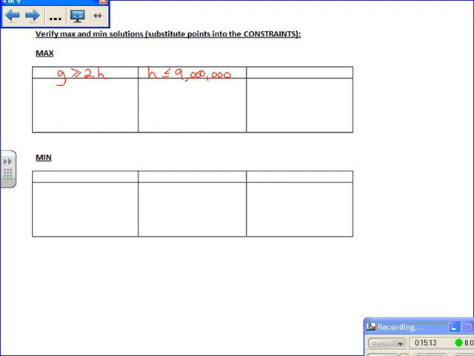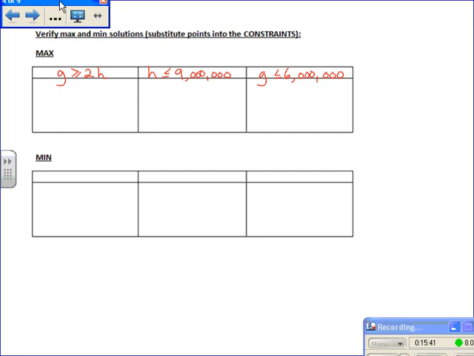And the last one was G must be less than or equal to 6 million, because we were told in the question that we couldn't make more than 6 million liters of gas. We couldn't make more than 9 million liters of heating oil. And we knew that for every liter of heating oil that we made, we could make at least twice as much gas. And so those were the three constraints that we had.